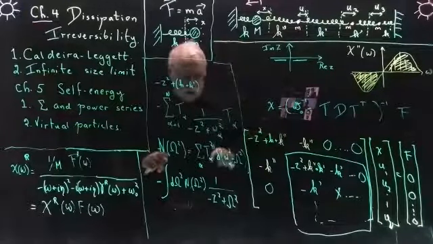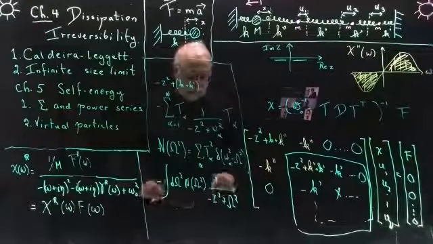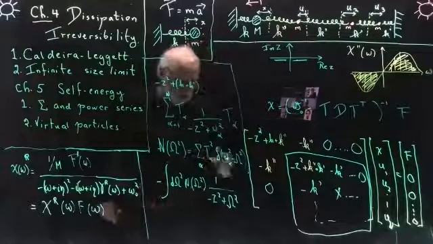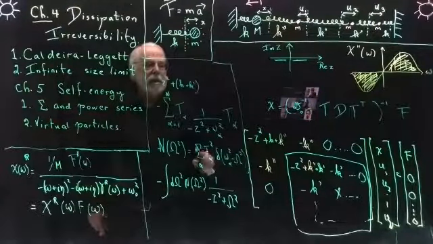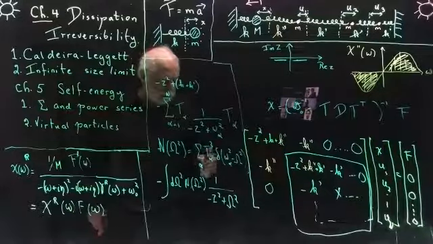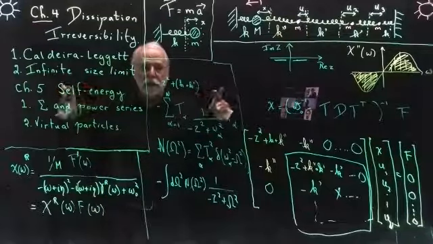This is exact. And now on this line, I take the infinite size limit. In the infinite size limit, this becomes an integral, and that's just some function of omega squared that is continuous.